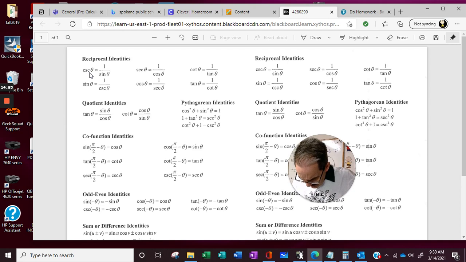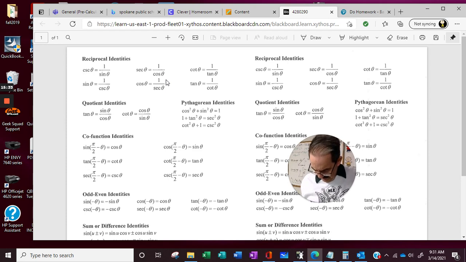Cosecant is nothing more than 1 over sine, so cosecant squared is 1 over sine squared. Tan x is sine over cosine. Secant is 1 over cosine, so secant squared is 1 over cosine squared.